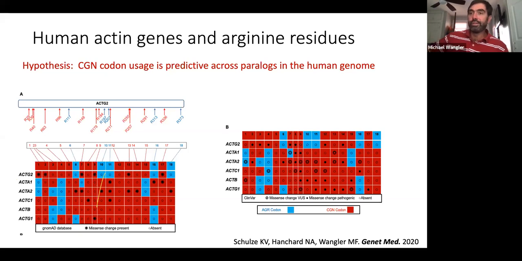So there's multiple sort of different diseases, but essentially all stemming from the same, you know, 8th arginine in actin encoded by a CG codon. And so that was kind of an interesting proof of principle.